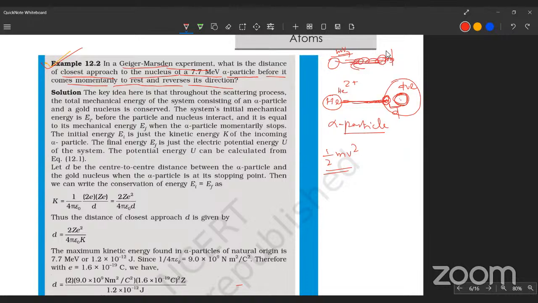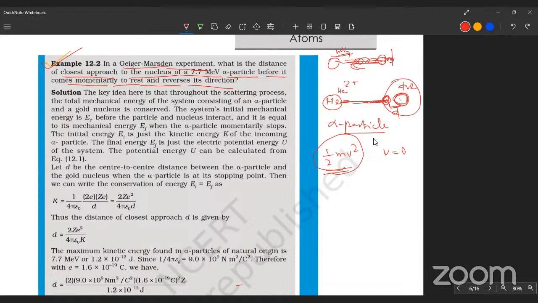So at the closest distance, what will happen? The speed will become zero. It will stop. Here the kinetic energy is converted to potential energy.